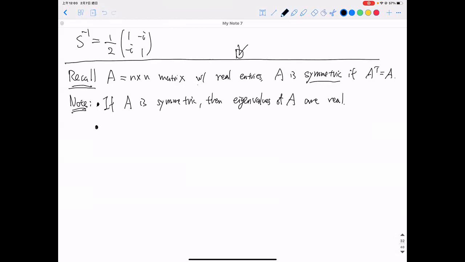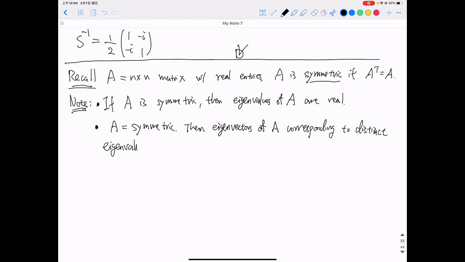Again, A is symmetric. Then eigenvectors of A corresponding to distinct eigenvalues are orthogonal.